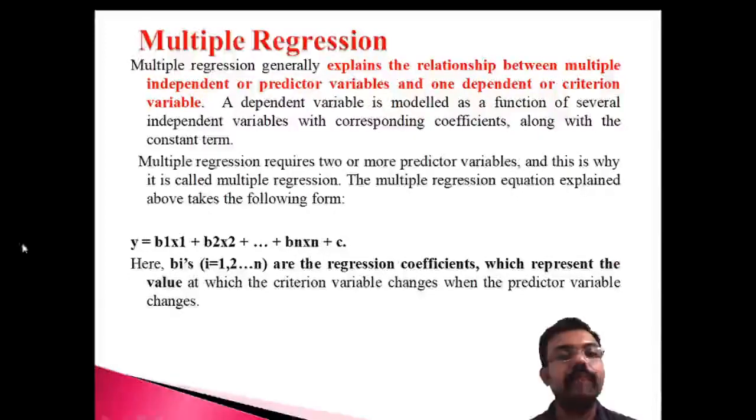This is an important example of the multiple regression equation: y equal to b1 x1 plus b2 x2 plus up to bn xn plus c, where c is a constant, x1, x2, up to xn are independent variables, and y is the dependent variable. The independent variables are the predictors, and b1, b2 and so on are the regression coefficients, representing values.